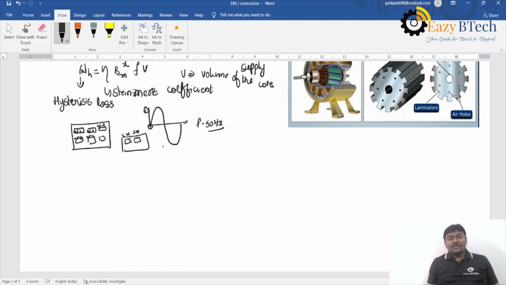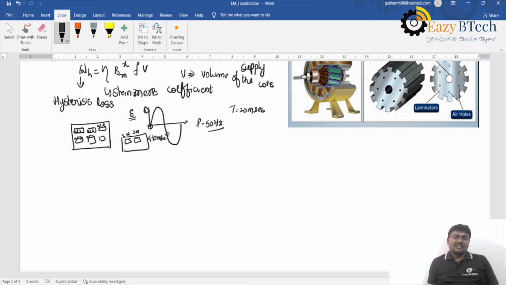We know that the frequency is 50 hertz. Anyway, the EMF induced in a DC generator or AC generator, whatever it may be, is a sinusoidal waveform, that means alternating. We will change the waveform for DC machines, where we prefer a flat-topped waveform, but it is an alternative.